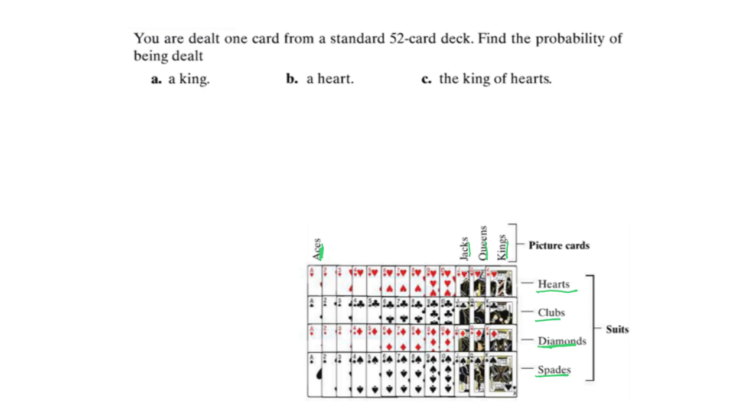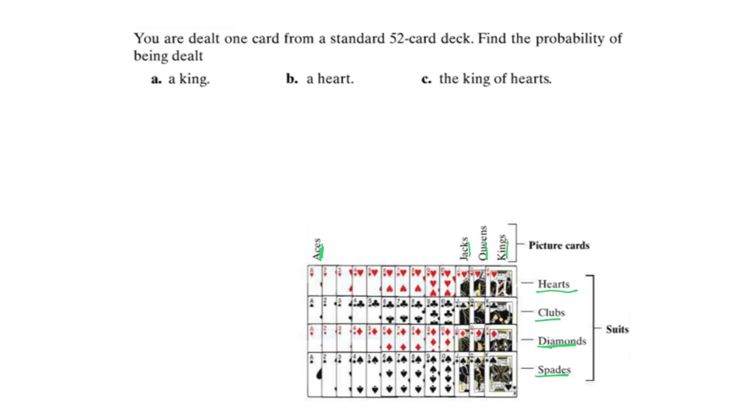All right, so let's take a look at our problem here. It says you are dealt one card from a standard 52 card deck. So you get to pick one card. Find the probability of being dealt a king. All right, so remember, your sample space is this entire deck of cards right below at the bottom of the screen here.